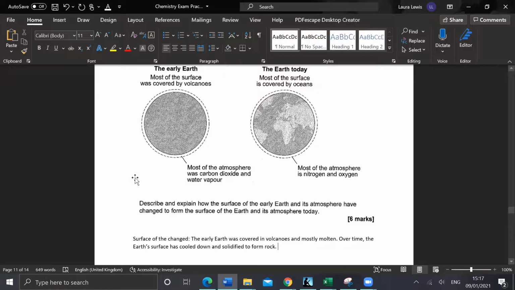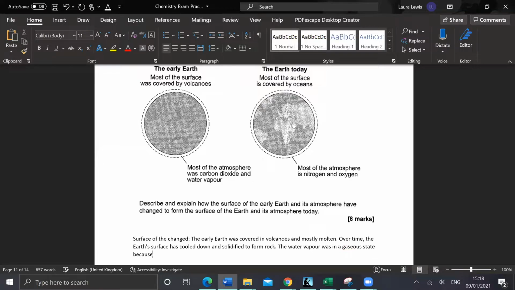So let's think about the next bit. It's to do with the ocean and the atmosphere. The water vapor was in a gaseous state. Water vapor is a gas, isn't it? If you look at what comes out of your kettle, gaseous state.